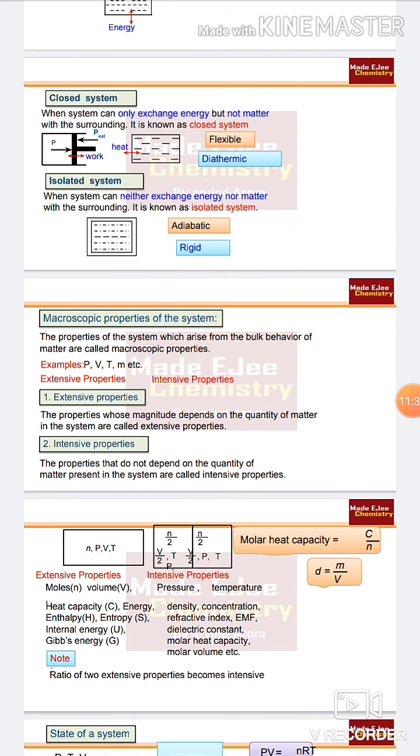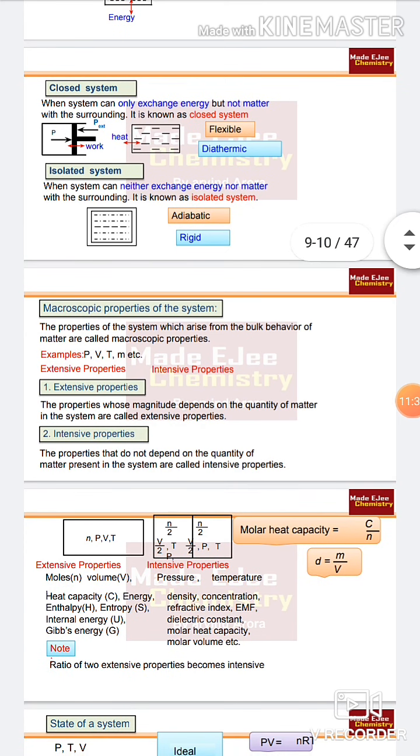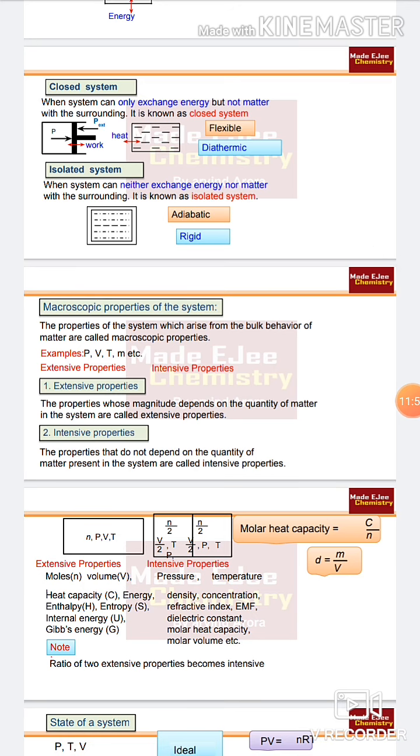Then the next type of system is isolated system. The isolated system is a system in which neither energy nor matter is exchanged with surrounding. That means the energy and matter are not transferred from system to surrounding or from surrounding to system.